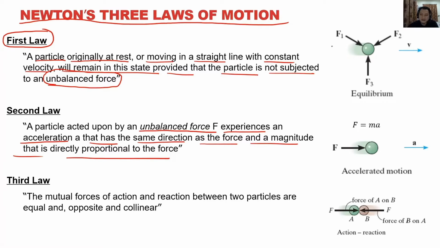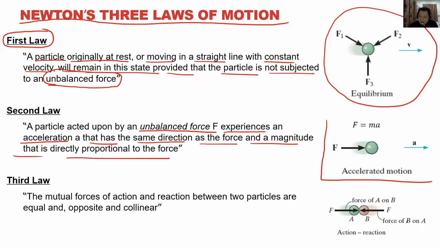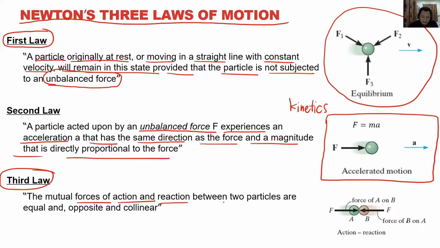The first law is a lot about equilibrium, static equilibrium. The second law is what we are learning right now under dynamics, kinetics. Finally, the third law: the forces of action and reaction between two particles are equal, opposite and collinear.